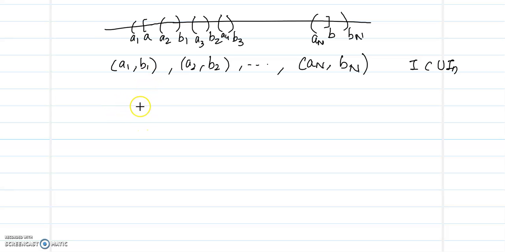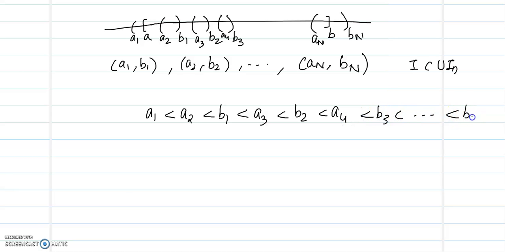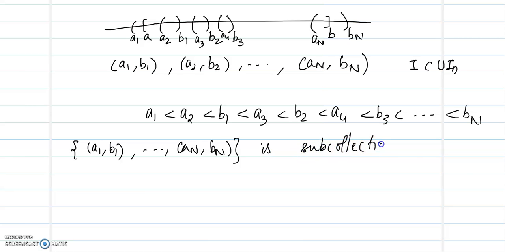From the figure you can see that we have A1 less than A2, less than B1, less than A3, less than B2, less than A4, less than B3, etc. The last value will be Bn. Now the sets A1, B1 up to An, Bn form a sub collection of the sequence In.